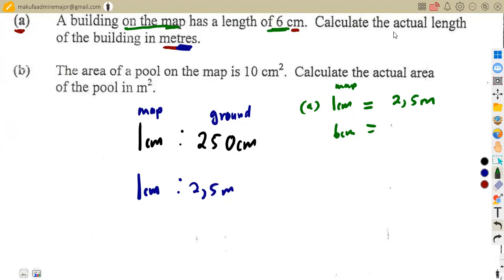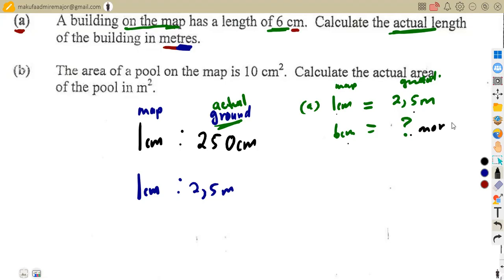What is going to be the actual length? The actual length, we get from the actual ground. So what is going to be the actual measurement on the ground? It's a proportion. 1 centimeter on the map, 2,5 on the ground. 6 centimeters on the map, what is going to be on the ground?